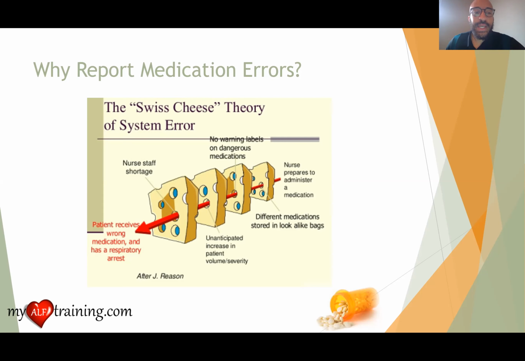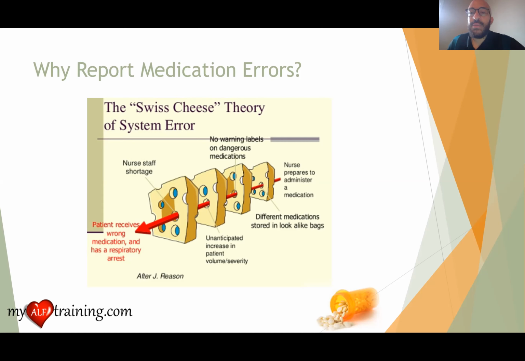And last but not least, there's a nurse staff shortage. People are tired. They may be calling in sick, or we just don't have enough workers for this increased volume and severity. We had to change some things around with staffing. And just as simple as that, this occurs on an everyday shift.